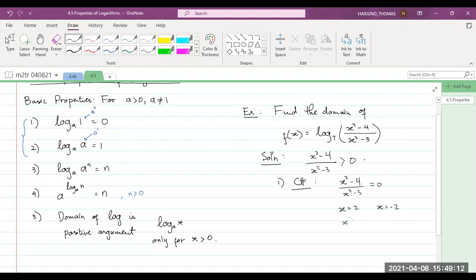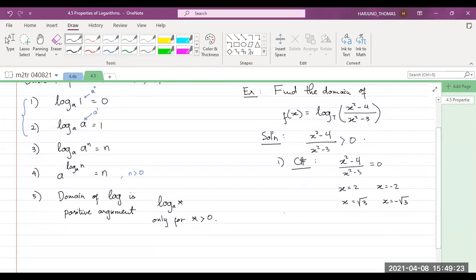At the bottom, the critical numbers are x equals radical 3 and x equals negative radical 3. In fact, that's an even function, as you can see, so it will be symmetric with respect to the y-axis. Radical 3 and 2, negative radical 3 and 2.